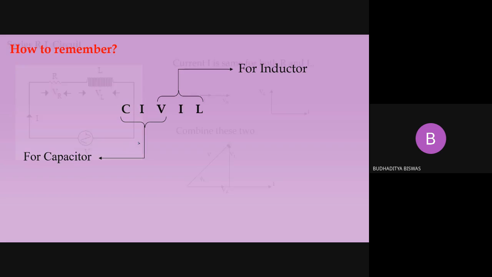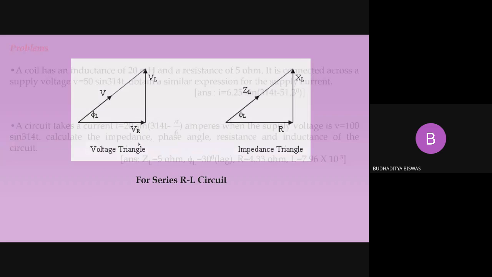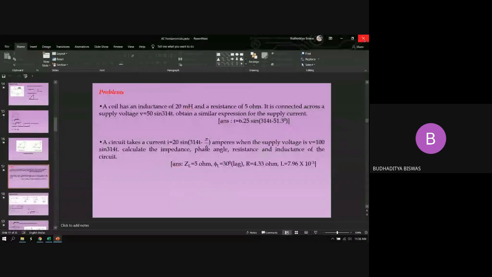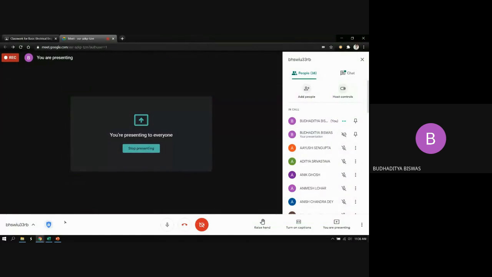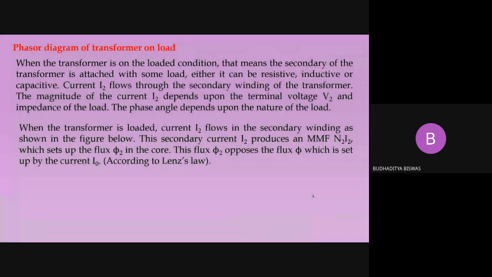But if we have a mixed circuit, like inductance and resistance mixed, then what happens? What will be the angle? If we have a coil, the coil has a resistance as well as a reactance, meaning inductance.